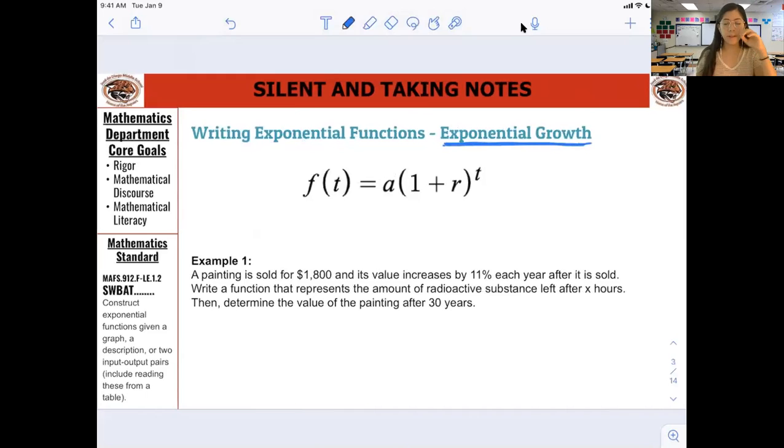But basically, let's go ahead and write down the exponential growth form. And then I'm going to label everything. A is still A. A is still the y-intercept. But since we're talking about the real world now, what does the y-intercept always stand for in the real world?